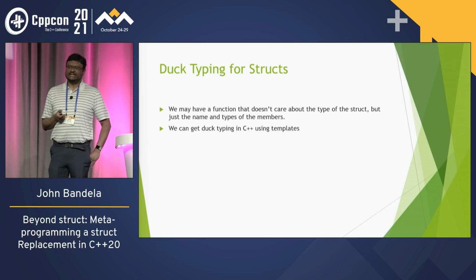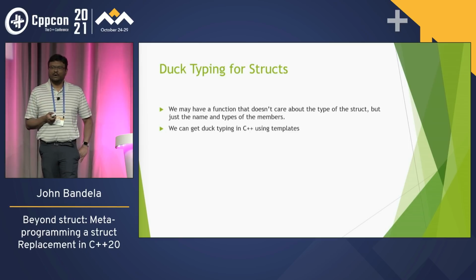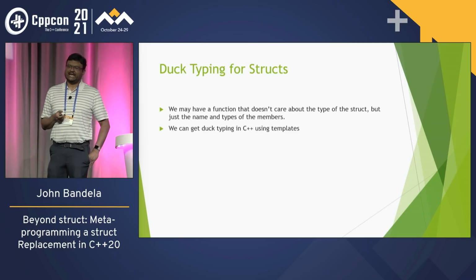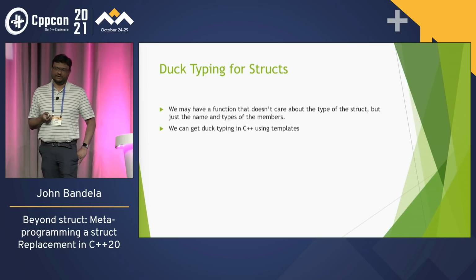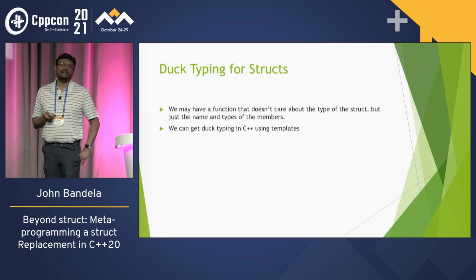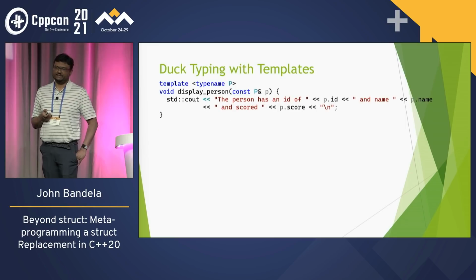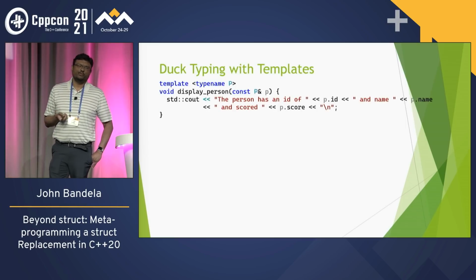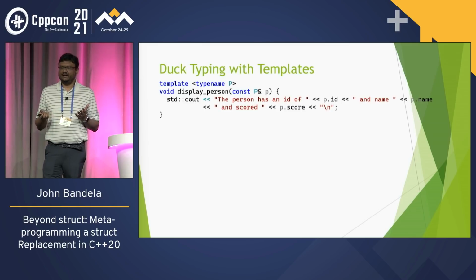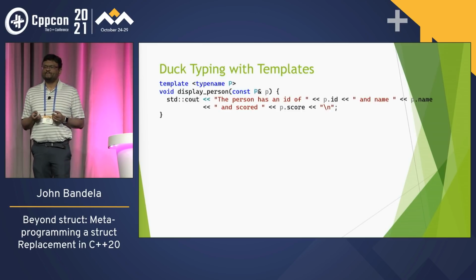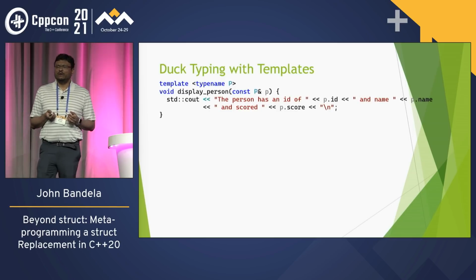The other thing we can do is duck typing for structs. We may have a function that doesn't care about the type of struct, but just the names and types of the members. And we can get duck typing in C++ using templates. For example, we have display person. We take person as a constant ref, and we say, hey, the person has an ID of ID, name of name, score of score, right? And we don't really care what the actual type is, and we don't care about the order.